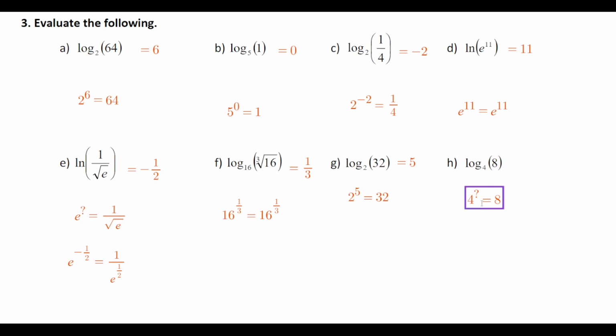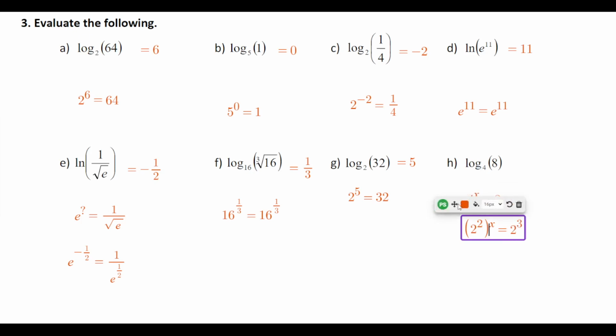A strategy you can use here is to say, okay, well, let's actually call this x. And let's rewrite both sides of this equation as powers of 2. So 2 to the 2nd power, that's the same thing as 4, right? 2 squared is 4. And 8 is the same thing as 2 cubed.